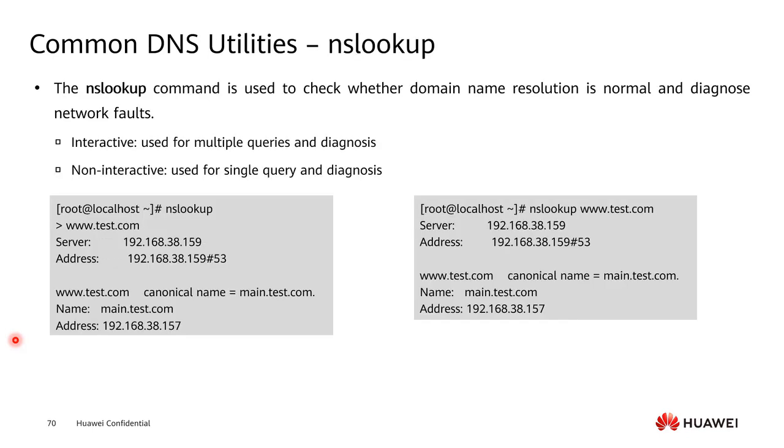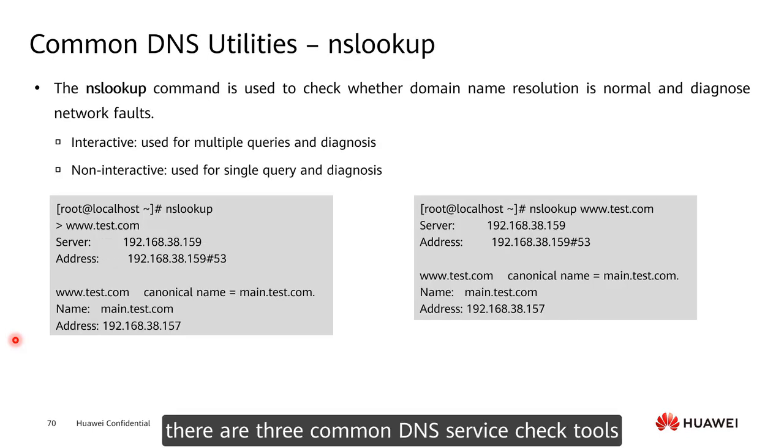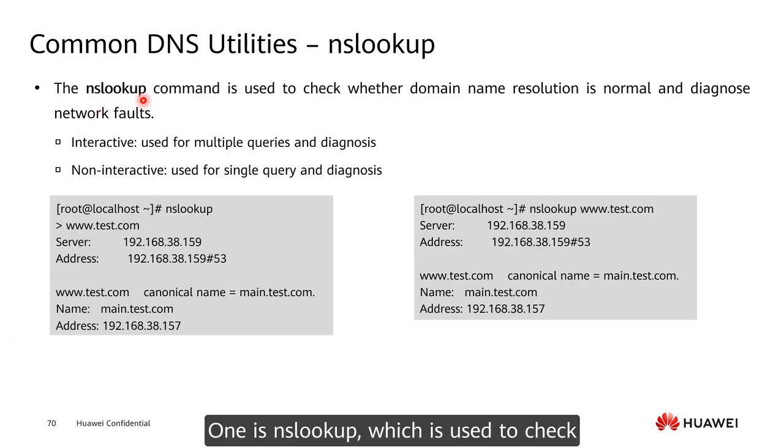Besides this, there are three common DNS service check tools. One is nslookup, which is used to check whether domain name resolution is normal, or to diagnose network problems when a network fault occurs. There are two ways to use it.